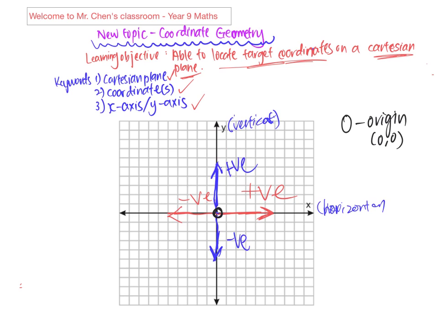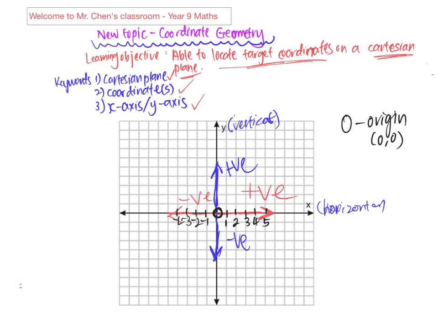So anything to the right on the x-axis is positive. Since that's 0, that will be 1, that will be 2, 3, 4, 5, and so on. If you're going left, on the other hand, it will be -1, -2, -3, -4.